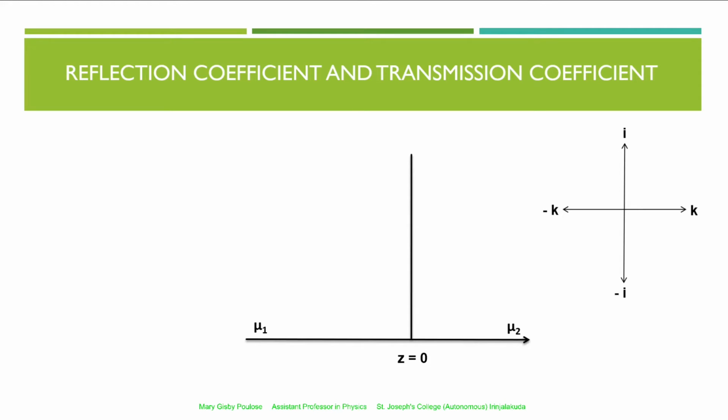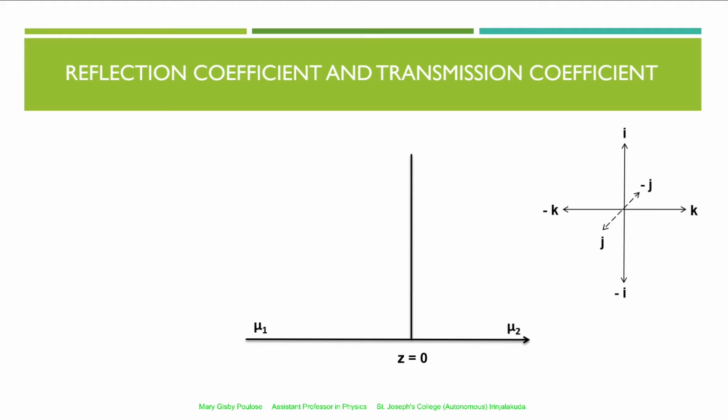And along this axis shown, let us have unit vector k towards the right and unit vector minus k towards the left. Now in this dotted direction, that is towards the plane that you're looking into, let us have the unit vector j coming outward from this plane and minus j going inward into this plane.